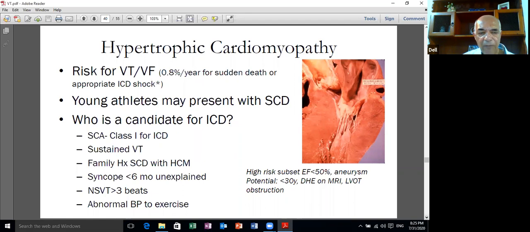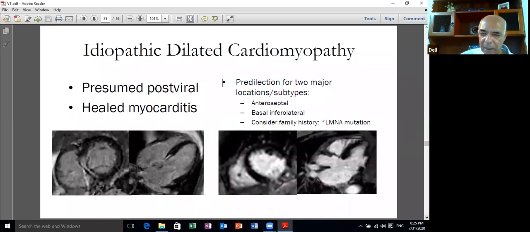If you are confused about the primary prevention, then you consider other high-risk features like a low ejection fraction, apical aneurysm, or delayed hyperenhancement on MRI. Left ventricular outflow tract obstruction is an added feature by itself, is not an indication for ICD implantation.